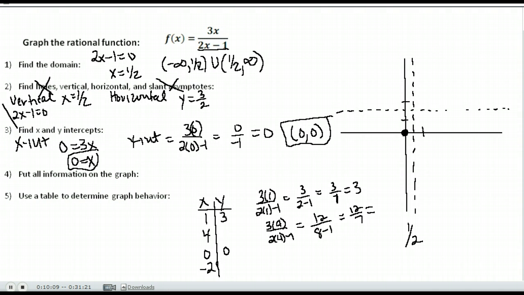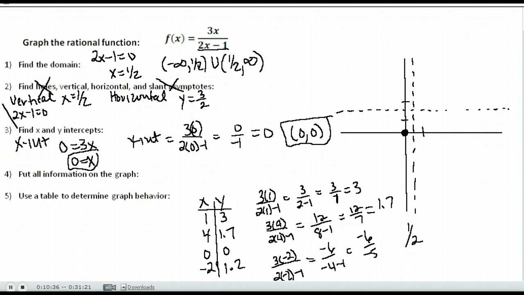If you're more comfortable with decimals, you can go ahead and divide that. It gives me about 1.7 if I round. And we got 0, 0. If we put negative 2 in, what do we get? 3 times negative 2 over 2 times negative 2 minus 1 gives me negative 6 over negative 4 minus 1, or negative 6 over negative 5, which is 1.2.